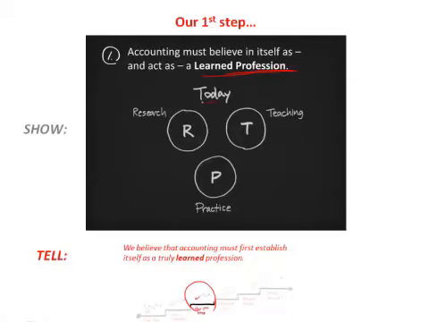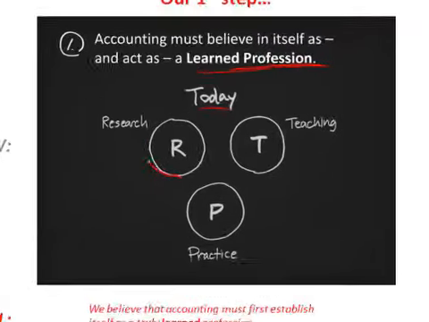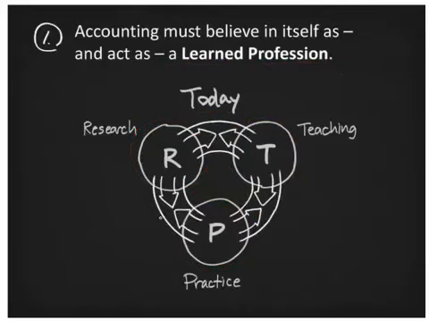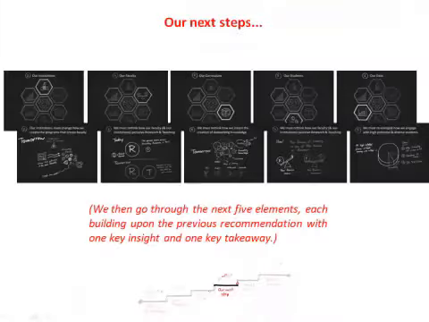Today, accounting is broken into 3 groups: people who do research, people who do teaching, and people who do practice. But in order to integrate as a more learned profession, we need to emphasize the linkages between our 3 different areas of discipline, which means strengthening the bonds that exist between us. That's step number 1.